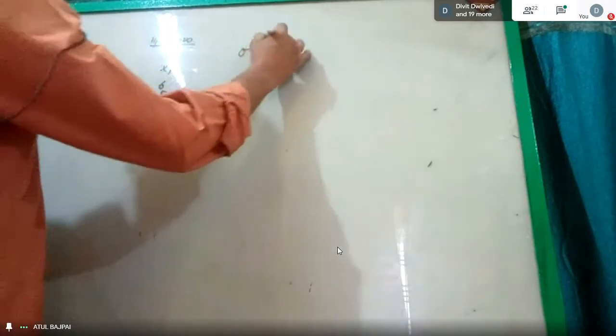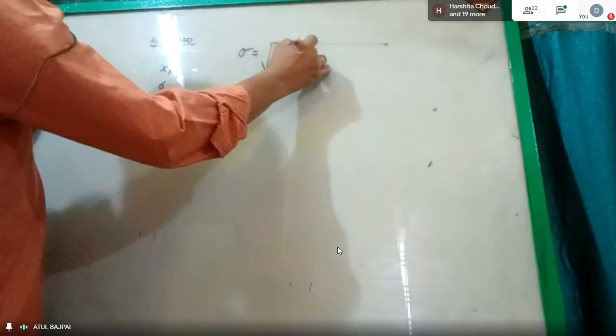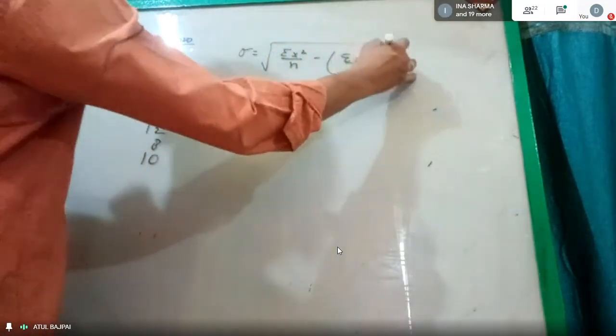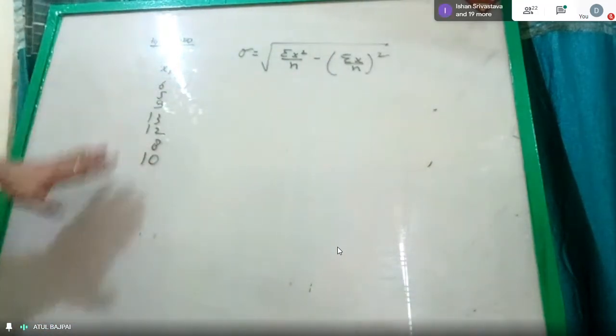The formula applicable is, pay attention: root of sigma x square by n minus bracket sigma x by n whole square. Here f is not there, no frequency given.